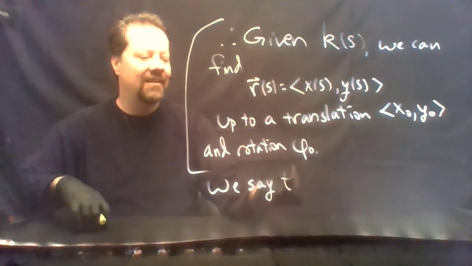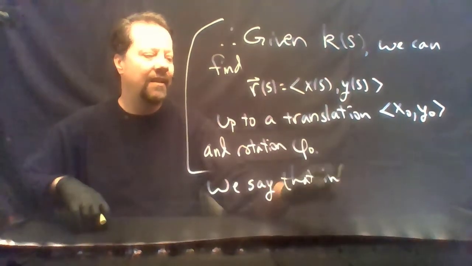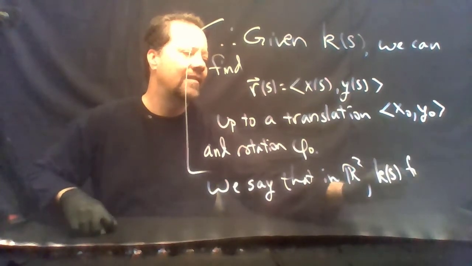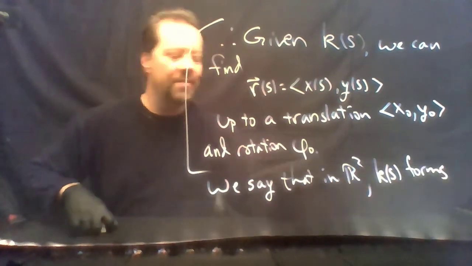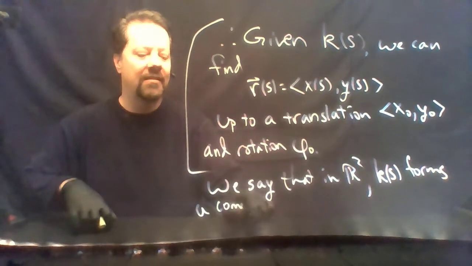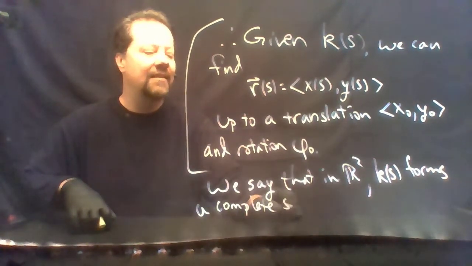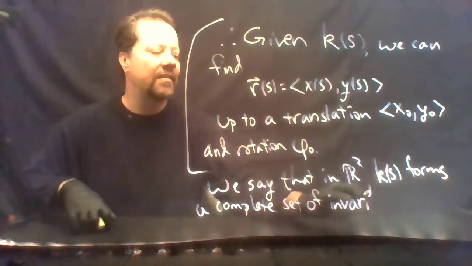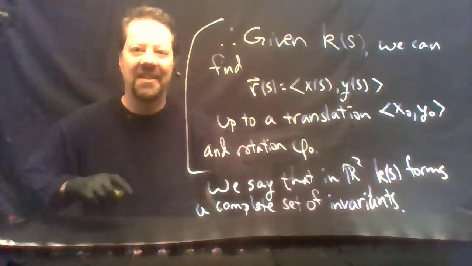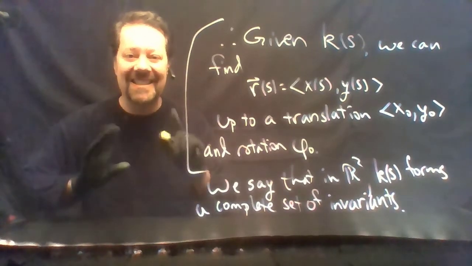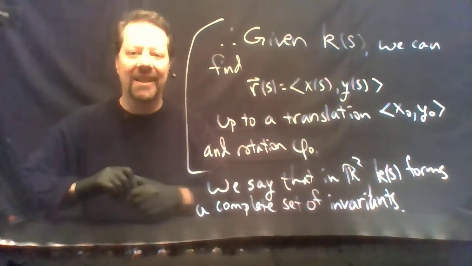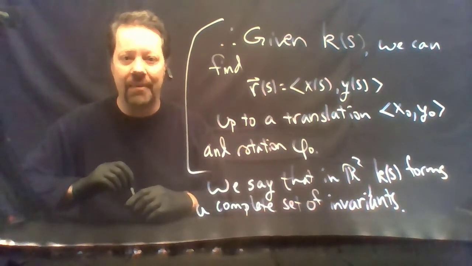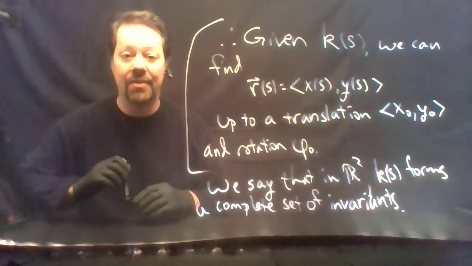We say that in R2, the curvature forms a complete set of invariants. If you know that one scalar valued function, you can reconstruct the whole curve. At least you'll know all of its geometry, because the geometry doesn't change through a rigid motion.